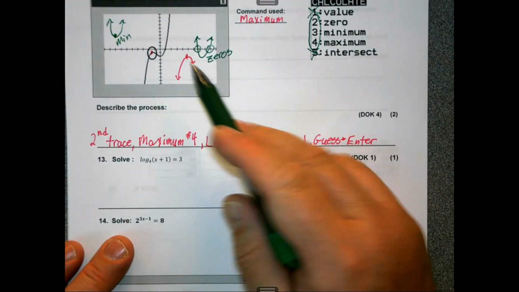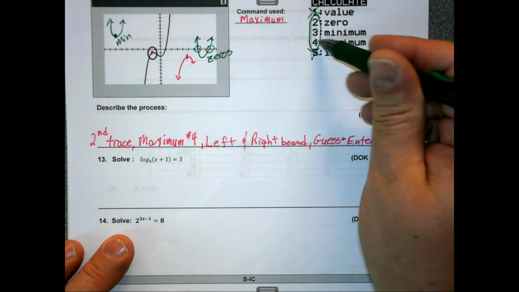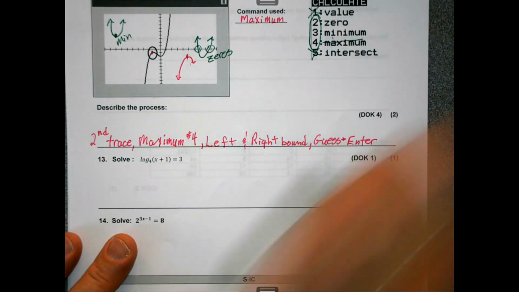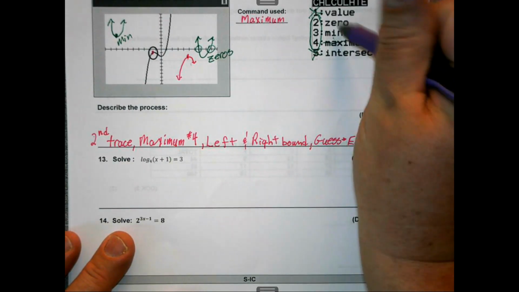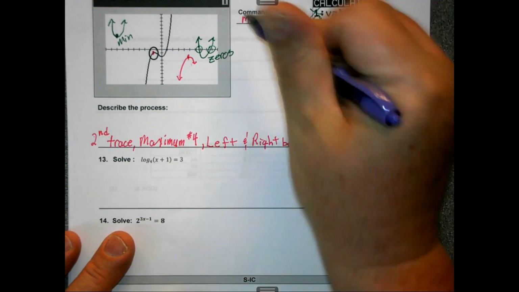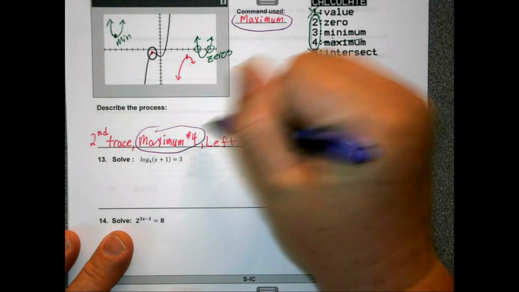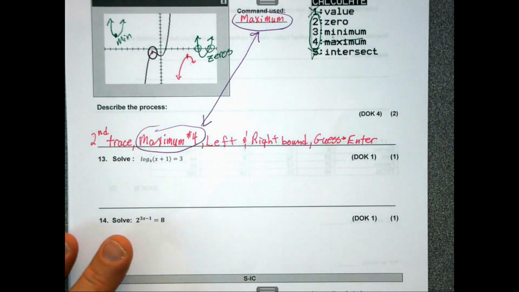Now, on the review, we did the maximum, so I would imagine that it's probably not going to be the maximum. It's probably going to use 0 or min. Now, the only thing you're going to change on the test tomorrow, since they're going with probably 0 or minimum, you're going to have to change these two steps, these two answers.